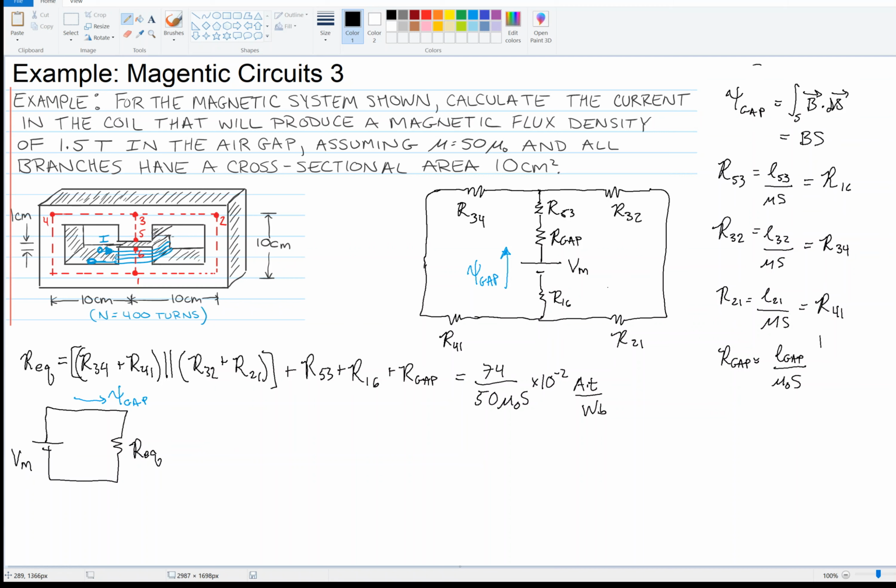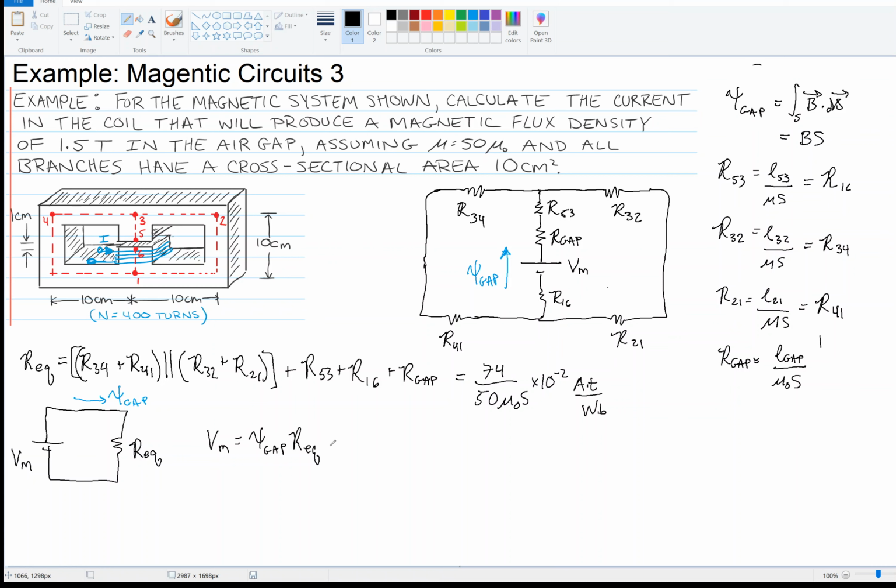So here's my equivalent circuit. All right, perfect. So now we can apply Ohm's law, and we can say that Vm equals the flux through the gap times the equivalent reluctance, like that.